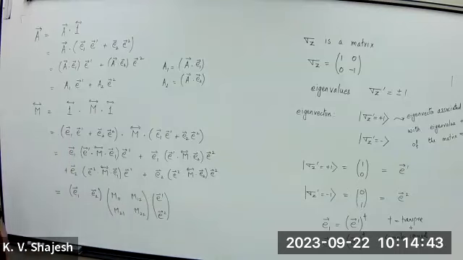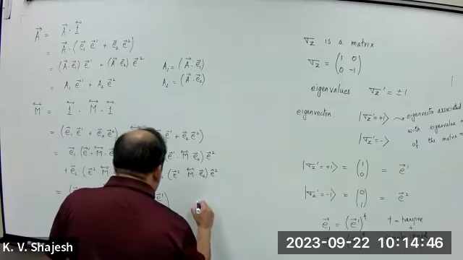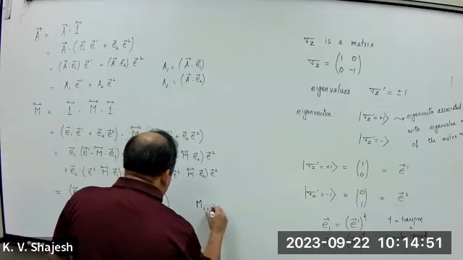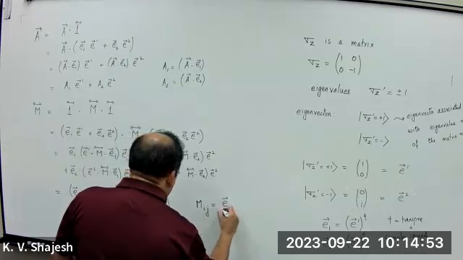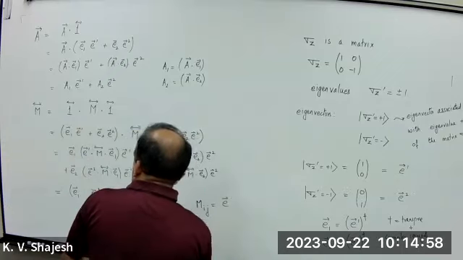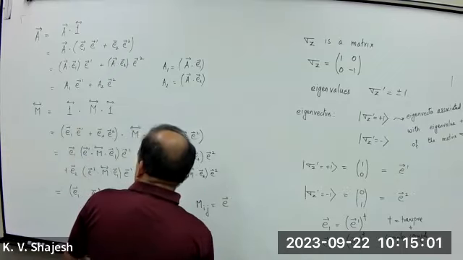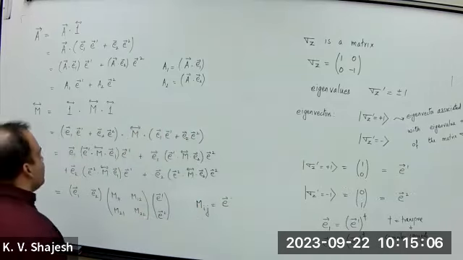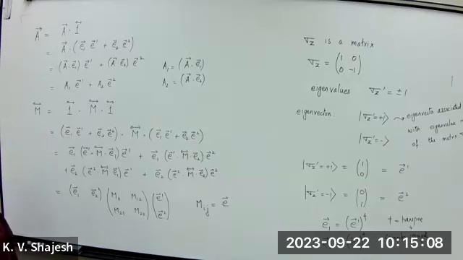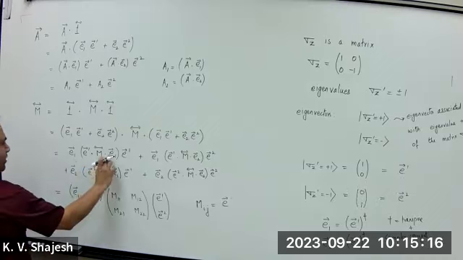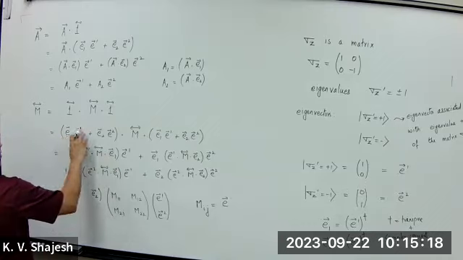But what are the M11, M12? So this is Mij. These are the components of the matrix. Is equal to E I. I is upstairs. Usually, the second vector should be upstairs, so I can do this either way.